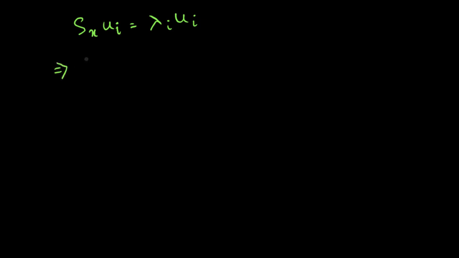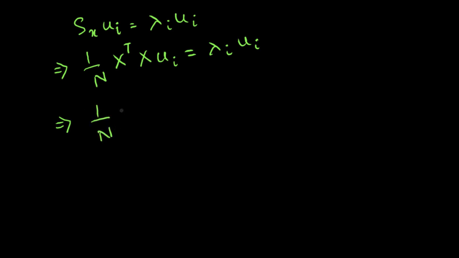So what is Sx? It is 1 by capital N, capital X transpose capital X, ui is equal to lambda i times ui. Now if we multiply both sides of this equation by capital X, what we get is 1 by capital N, capital X transpose capital X ui is equal to lambda i times capital X times ui.